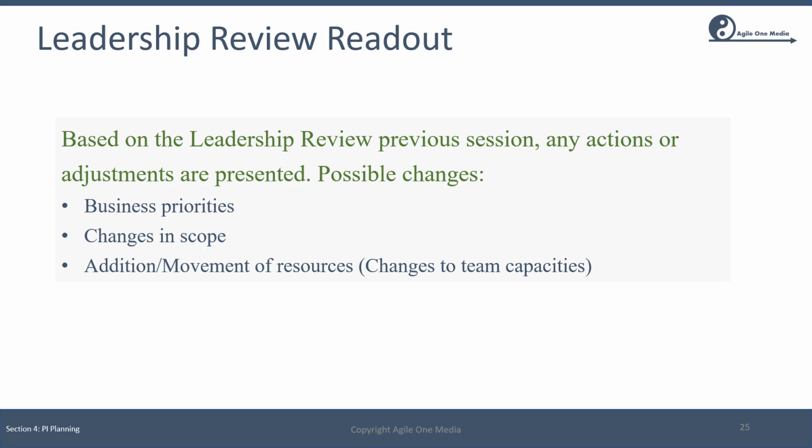So based on the leadership review held at the end of the previous session, any actions or adjustments are then presented to the ART, and possible changes will include things like changes in business priorities, changes in scope, and the addition or movement of resources across the ART, which effectively means changes to team capacities.